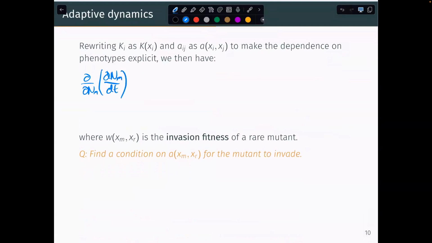In other words, how is our mutant growth rate changing with respect to the mutant density? This is going to be r times 1 minus, I'm going to write them explicitly as a(x_i, x_j), times k(x_R) over k(x_M).